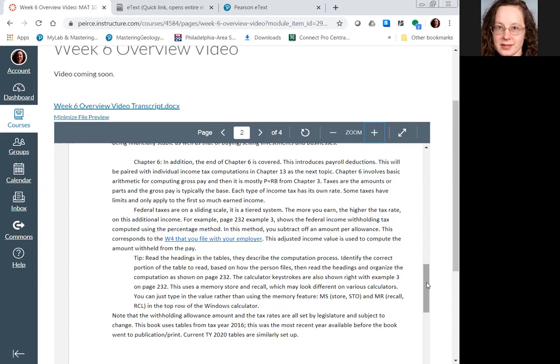So Chapter 6 involves some basic arithmetic and computing gross pay, and then using that gross pay to come up with the payroll deductions, the taxes that are withheld from it. So you're just thinking back to Chapter 3. Part equals the rate times the base. The rate is whatever the tax percent is.